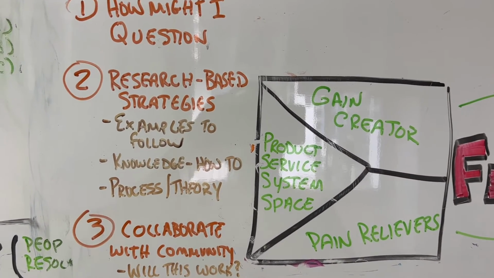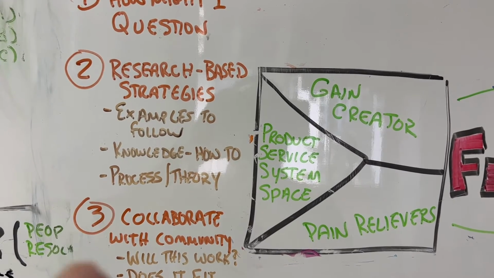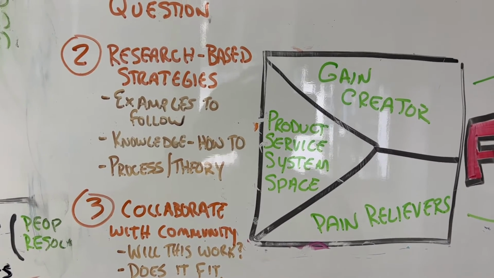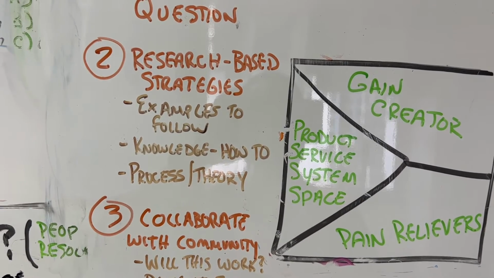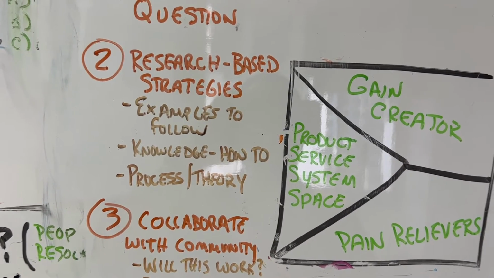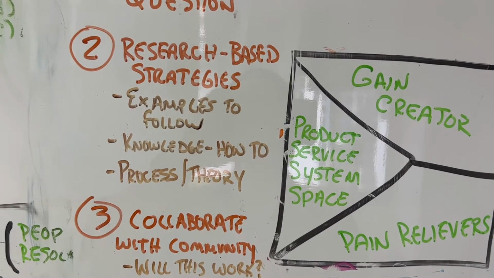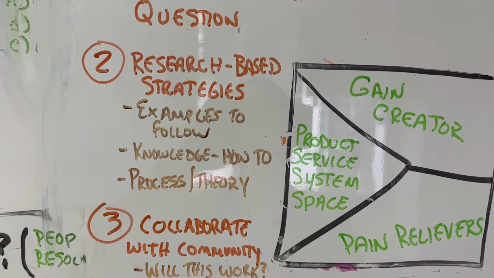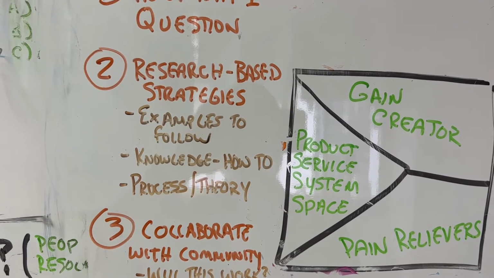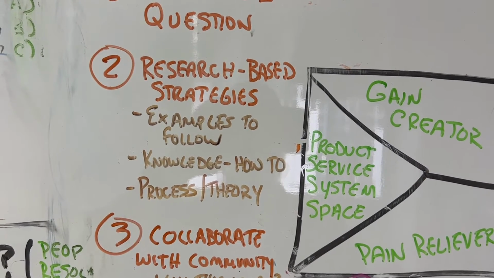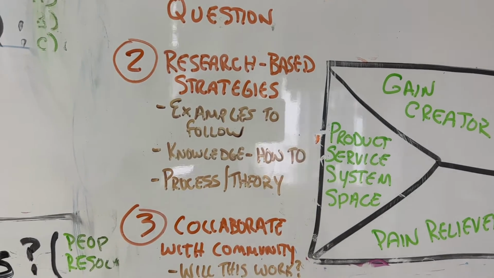And then through that process, you're going to then do some research. We want our projects to be based on research. So these could be examples to follow. So were there other researchers that actually studied the same thing and you could maybe replicate their process? Or is there another really good example that you found online or in real life that you're able to take pictures of?